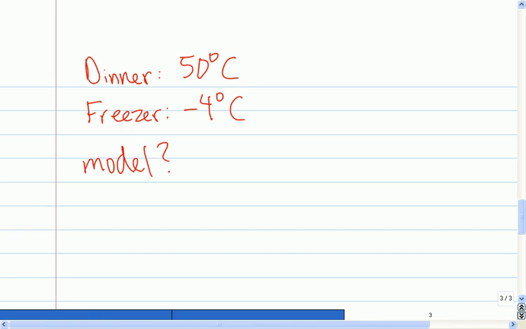So I'm looking for something that fits this pattern. Can anybody tell me maybe one thing that goes in here? Pardon me? So close, so close. Yeah, minus 4, right?